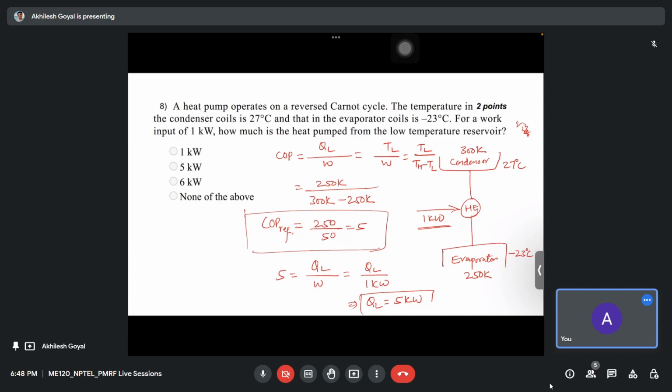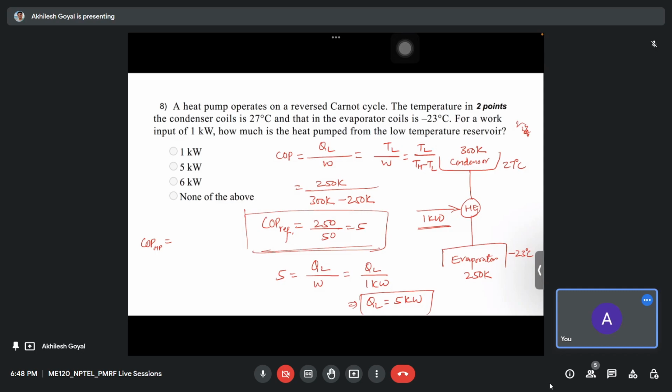Okay, so for COP of refrigeration it is 5, but if we want to calculate the COP of heat pump, then what will be the desired effect? The desired effect will be the heat given to the condenser, right?